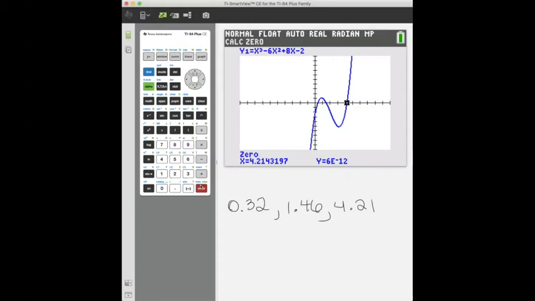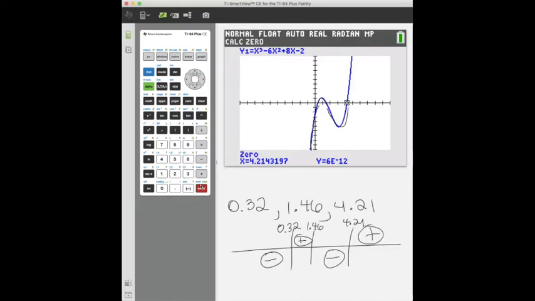And when I'm looking at this, notice it is negative. If I were to draw this kind of as a chart, 0.32, 1.46, 4.21, this is negative, this is positive, this was negative, positive, negative, positive, right?